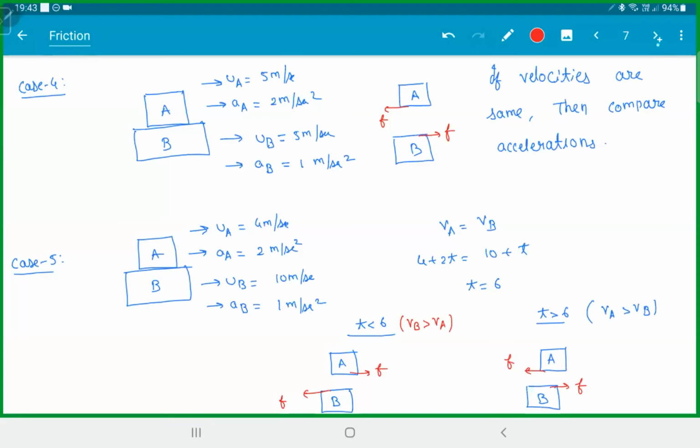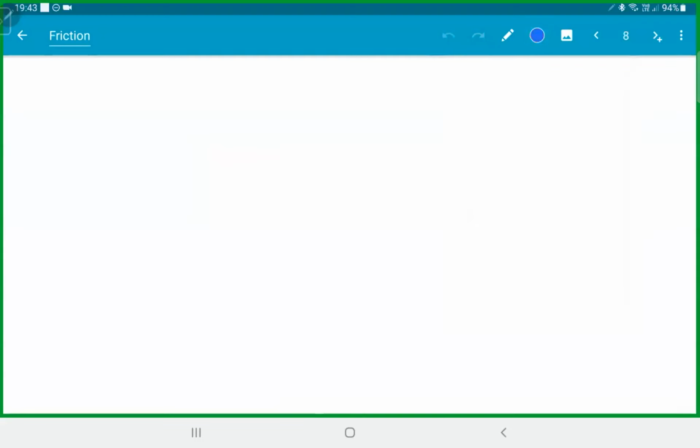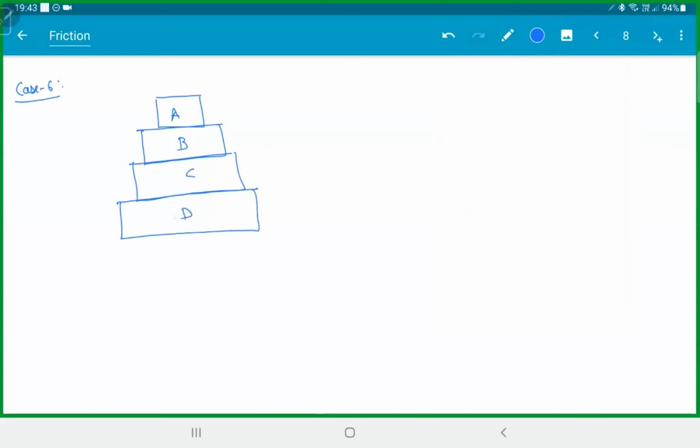Next thing. Case 6. All surfaces are rough. Even the ground is rough.